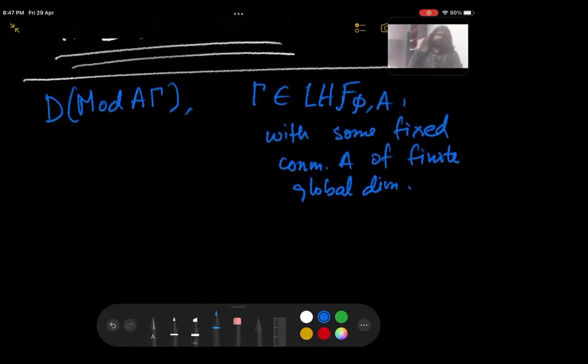So the interest in this question of generating D in the derived unbounded category comes from a paper that Jeremy Ricard wrote recently. So this is a result due to Ricard.